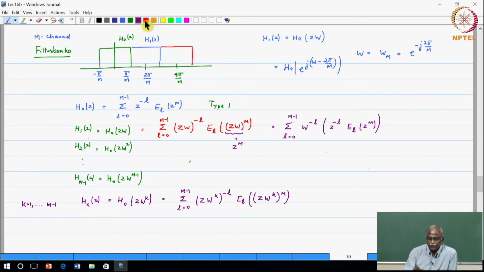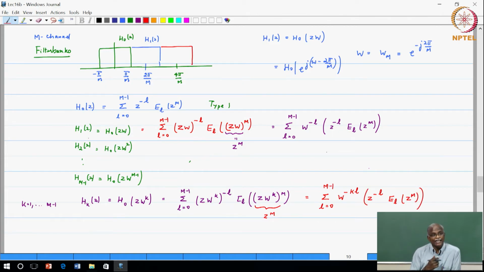Now, looking at what is within the bracket, (W^k) raised to the power M is also equal to 1. So, this is nothing but z to the power M. So, we can now write this in the following way: summation L equal to 0 to M minus 1, W to the power minus kL, z to the power minus L, E_L of z to the power M.